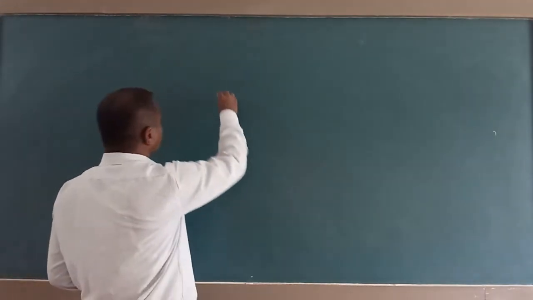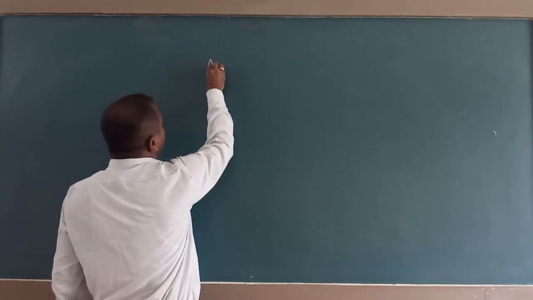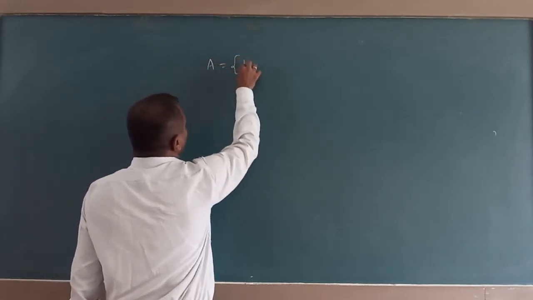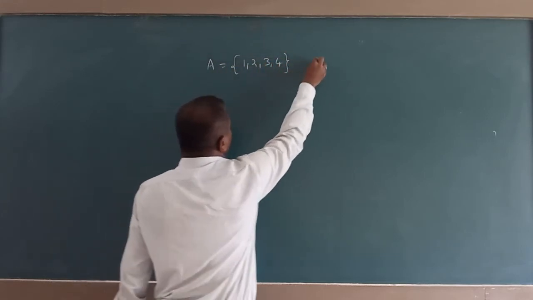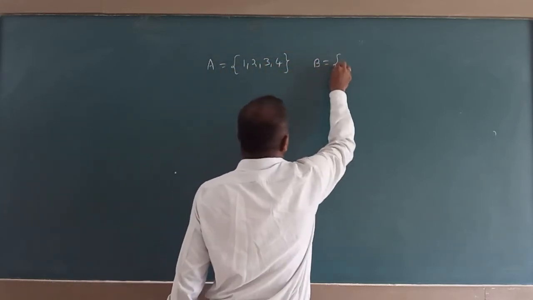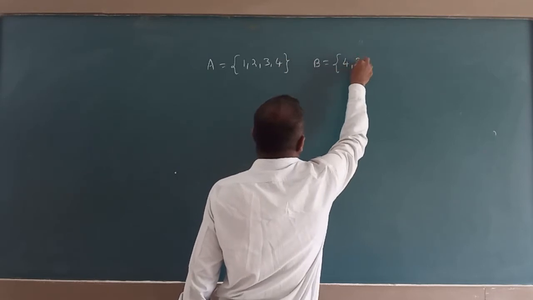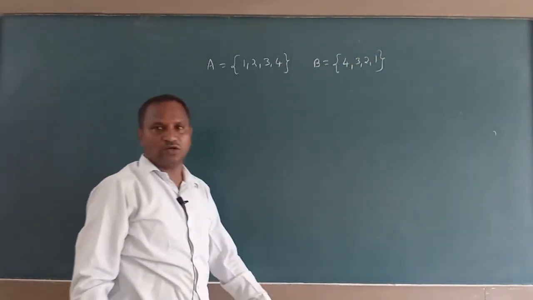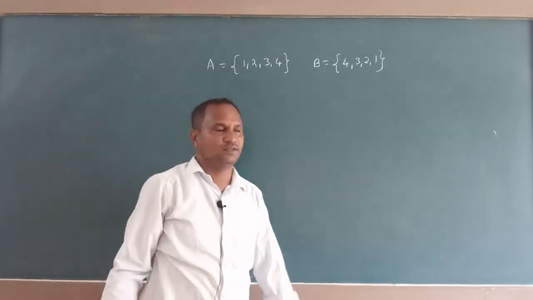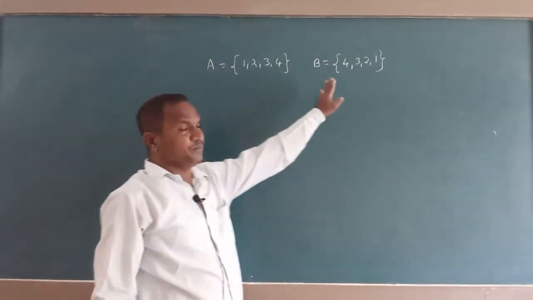Example, 4-point example. A is equal to 1, 2, 3, 4. B is equal to 4, 3, 2, 1. First, are these two equal sets or not? Order is not important.